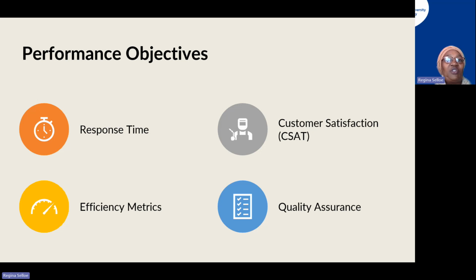For the efficiency metrics, we have to set goals for our average handling time, which means we are going to minimize agents' time on each call while ensuring quality is also offered at the same time. And then quality assurance is that we need to maintain a set quality standard within our contact centers.